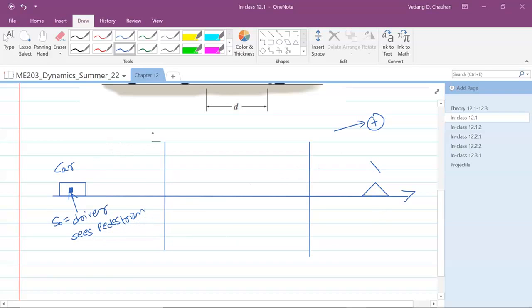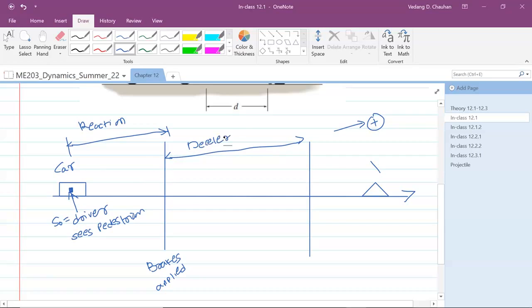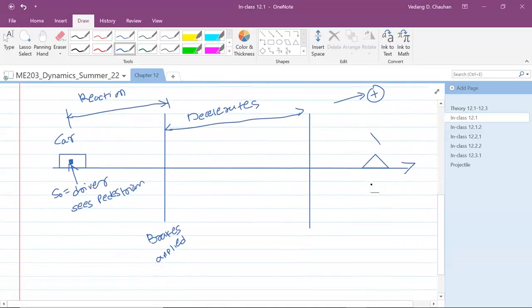And this is the point where brakes are applied. During this period, which is called the reaction time or reaction phase, the driver sees the pedestrian but the brakes are still not applied. So the car travels a certain distance during that period, and this is the phase where the car decelerates and then eventually stops before it reaches the pedestrian.